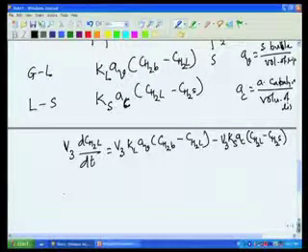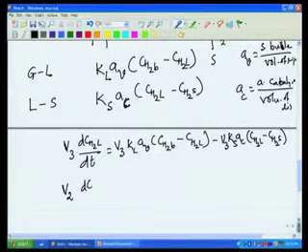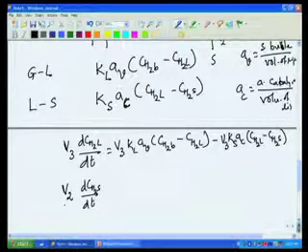Now, let us write down a similar balance for the concentration on the surface.